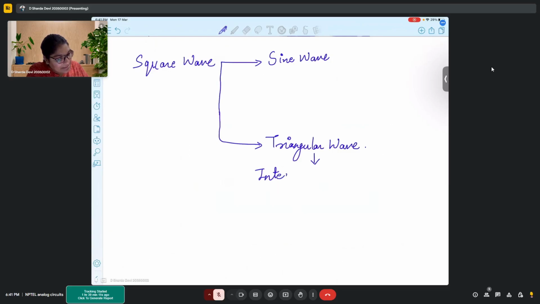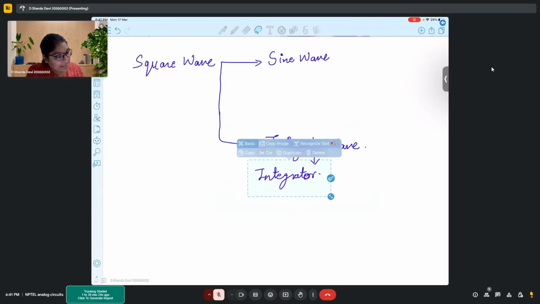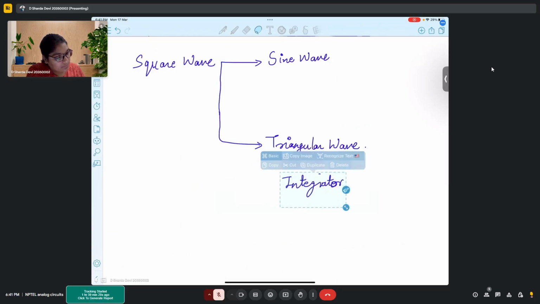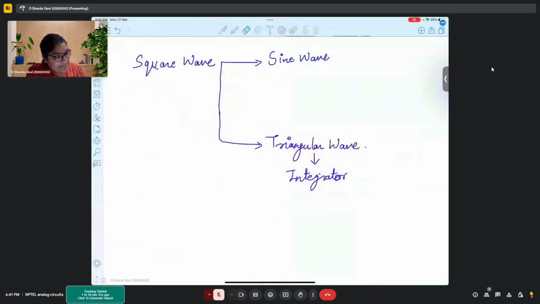Because the moment we integrate a square wave, we would get a triangular wave. But what if I want a sine wave from a square wave? What can I do?